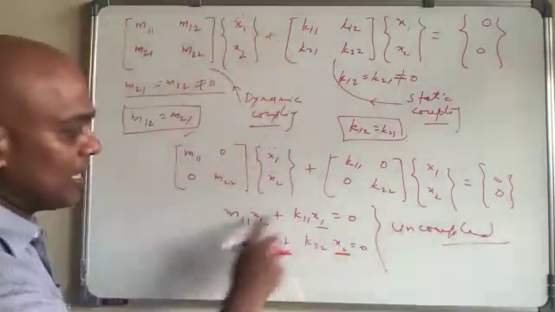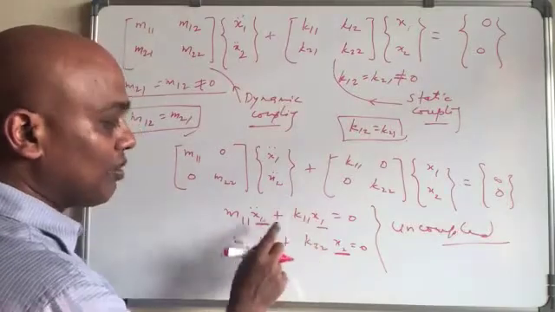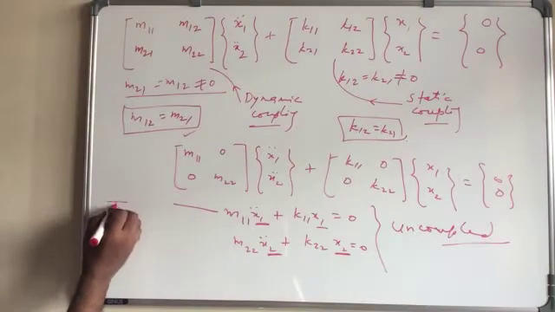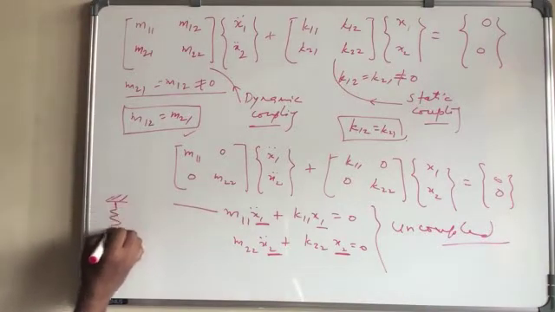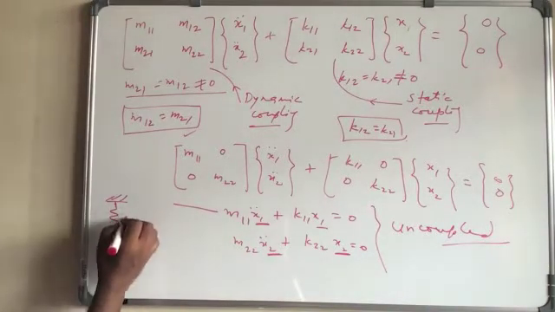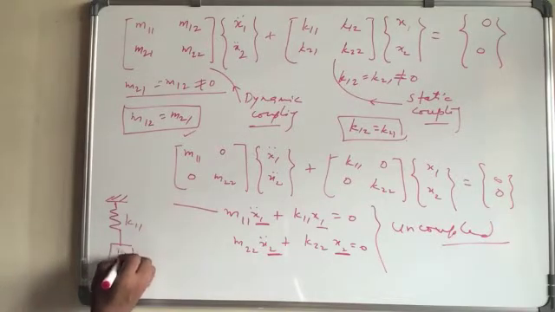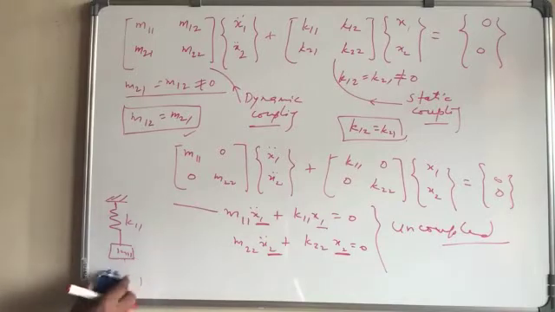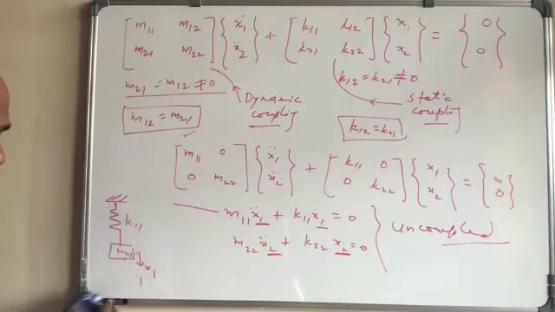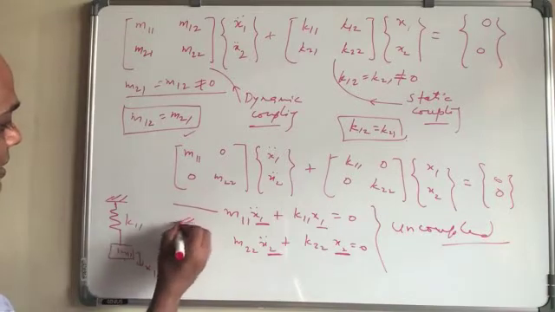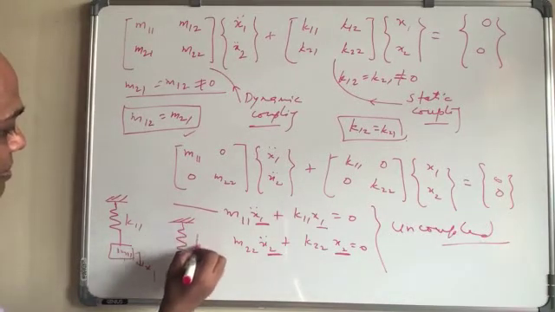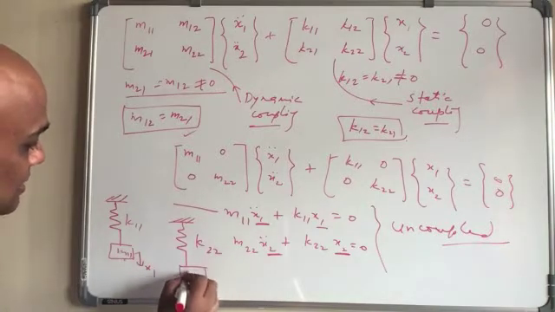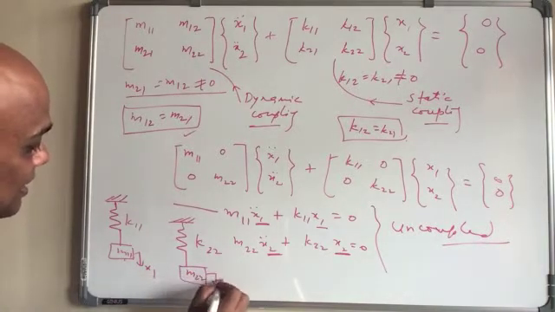What you see here is two single degree of freedom systems. One system has K11, M11 and x1, and then there is another system with stiffness K22, mass M22 and x2.